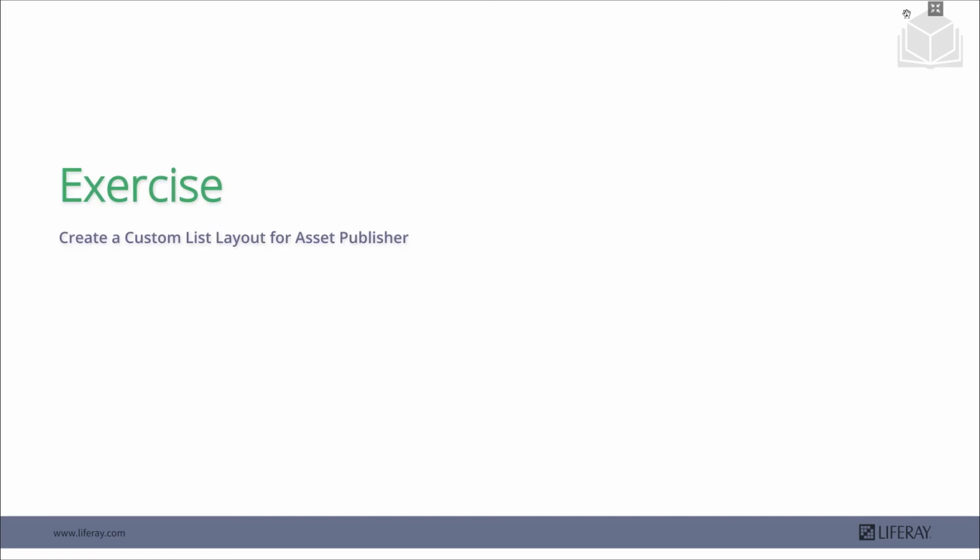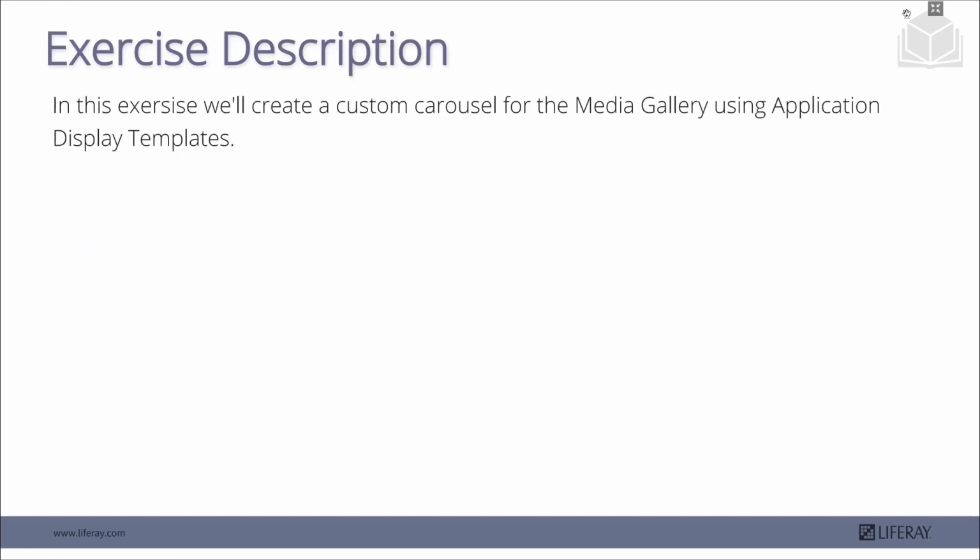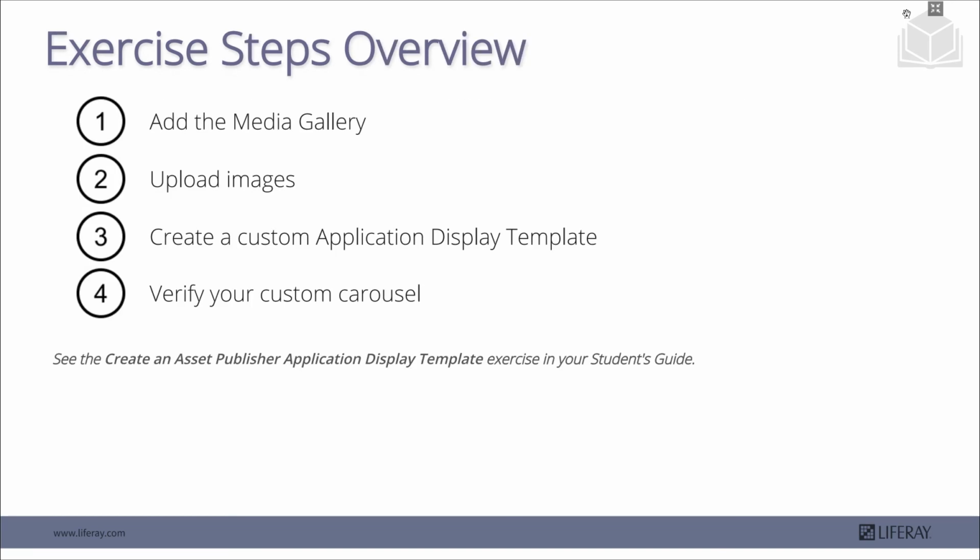Now let's go ahead and take a look at an example of creating an ADT for our media gallery application. What we're going to do with the media gallery application is create a custom carousel just for our example here. So these are the steps that we're going to be going through at a high level.